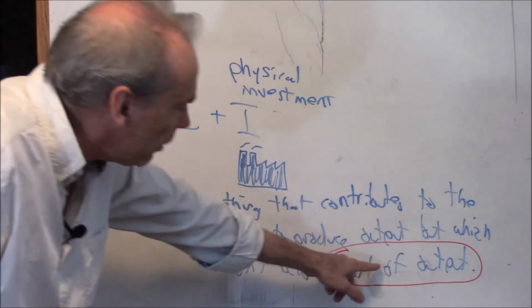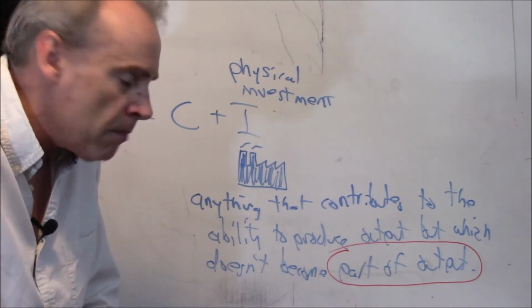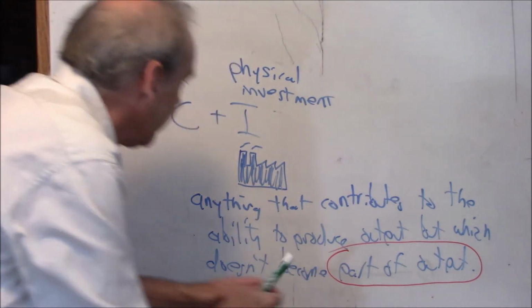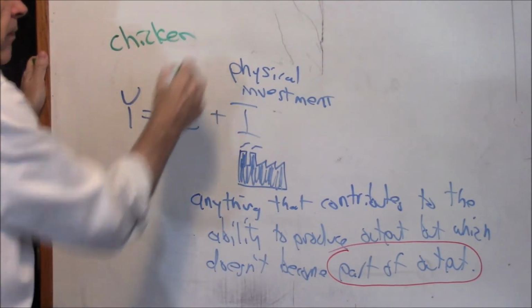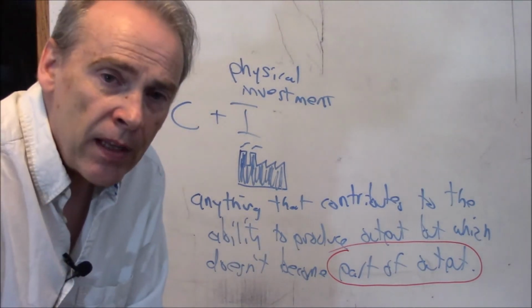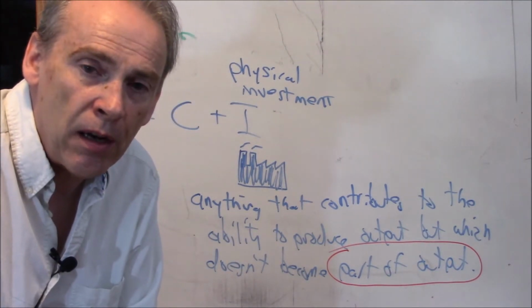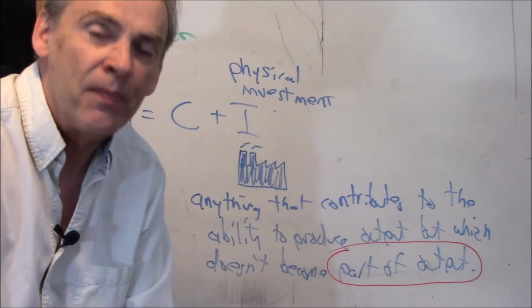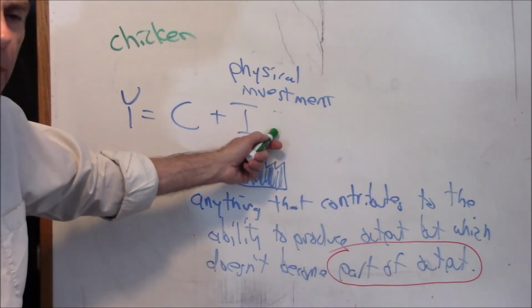Now, what about the stuff that does become part of the output? What about at a Mexican restaurant, you order fajitas. What about the chicken? When the Mexican restaurant buys the raw chicken, then that's not physical investment for them.